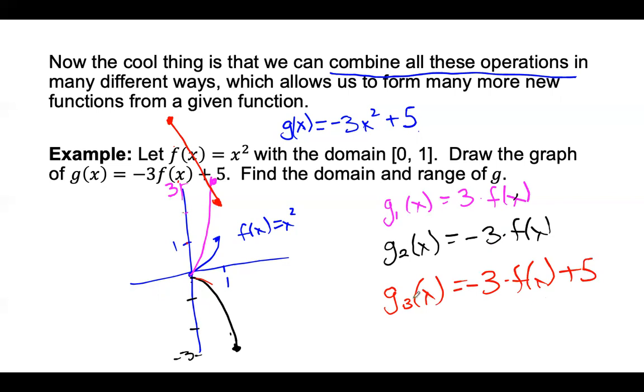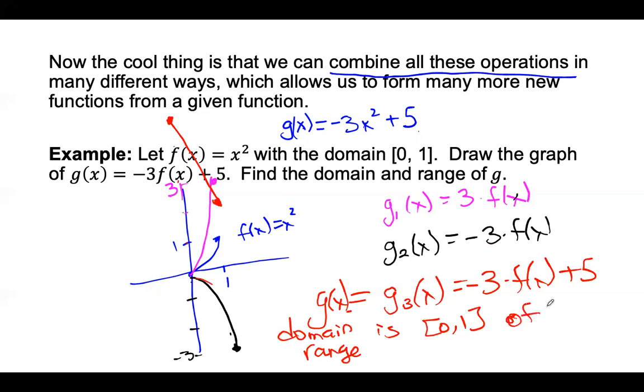And this is the final one. So the domain, you notice, is 0 to 1. But the range of this particular function g goes from, what is the range here?